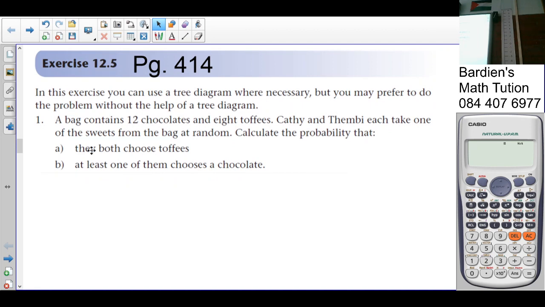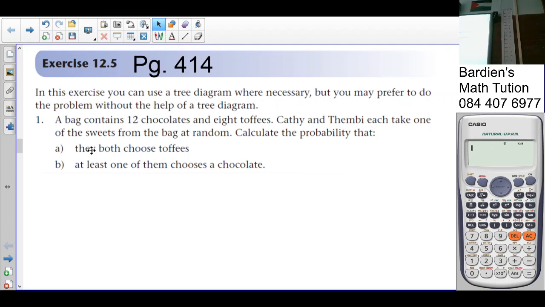So a bag contains 12 chocolates and 8 toffees. Then we are told that Kathy and Thembi each takes one of the sweets from the bag at random. Calculate that they both choose toffee.